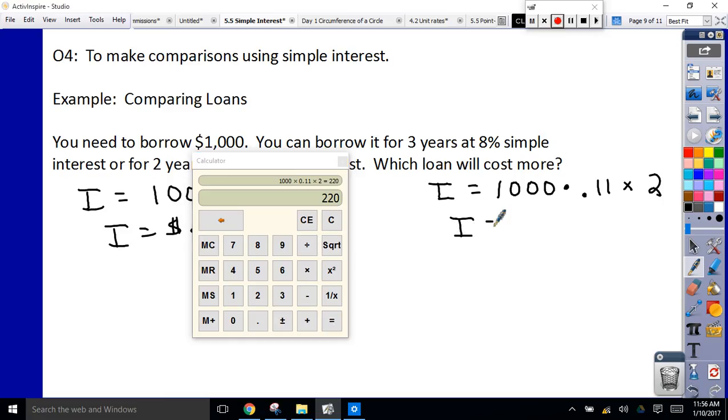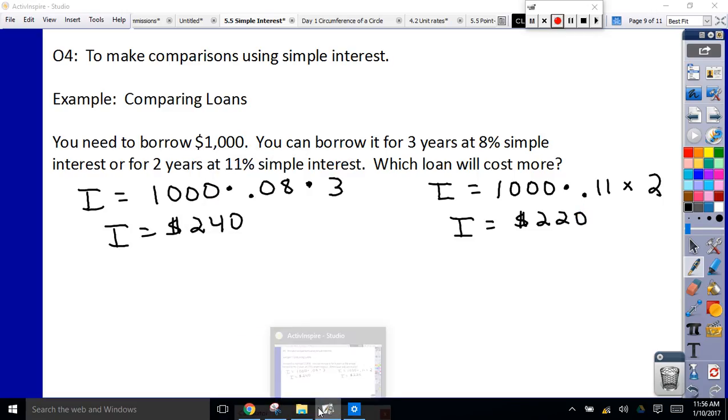So the interest on this loan costs $220. So which loan is going to cost less? Nathan? The 11% one. The 11% one. So even though this loan has a higher interest rate, because you're paying it off over a shorter time, it's going to cost you less in the long run.